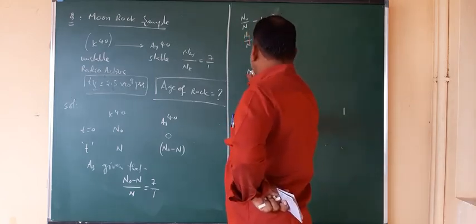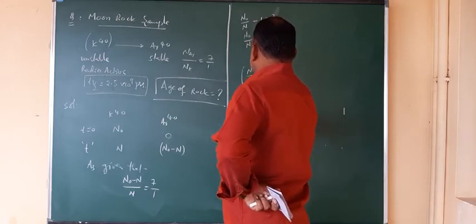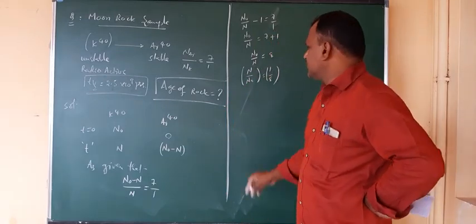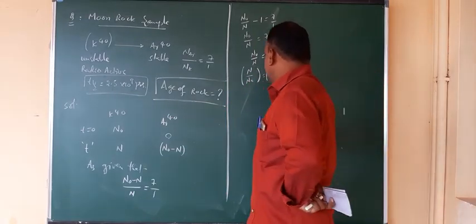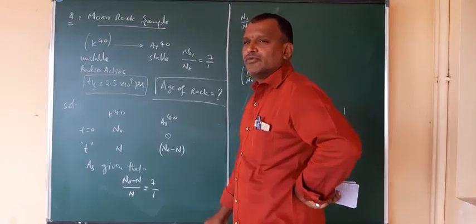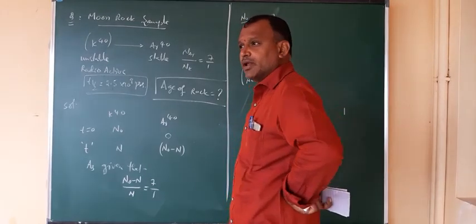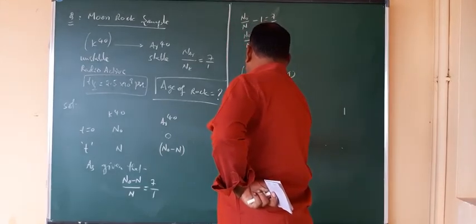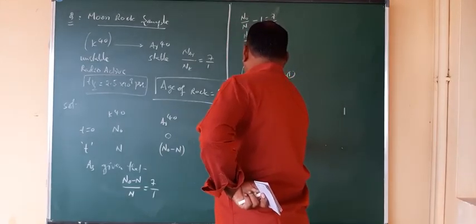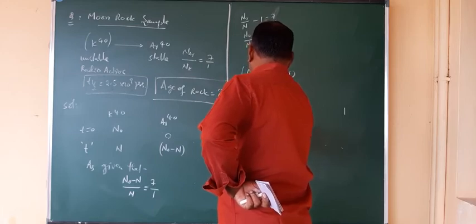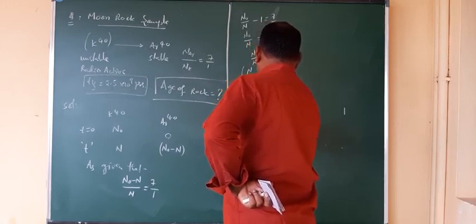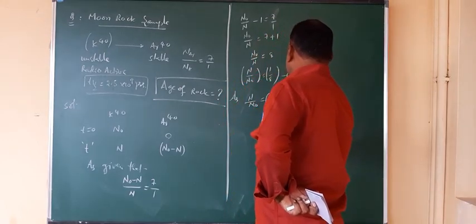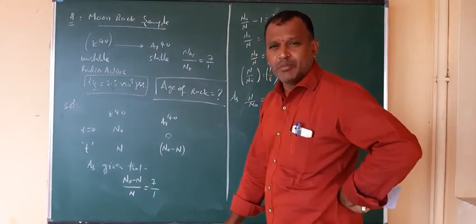This can be written as N by N0 equal to 1/8. Right? We can compare this ratio with the ratio of the number of nuclei to the initial number in terms of the number of half-lives. So N by N0 is equal to 1/2 to the power n. This is the equation we already have in terms of the number of half-lives.